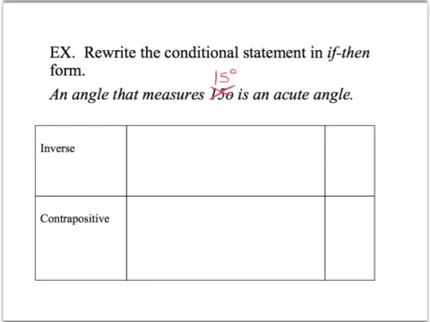Okay, now let's take the conditional and write it as the inverse. And the inverse is not P implies not Q. So if the angle does not measure 15 degrees, then we say the angle is not acute.